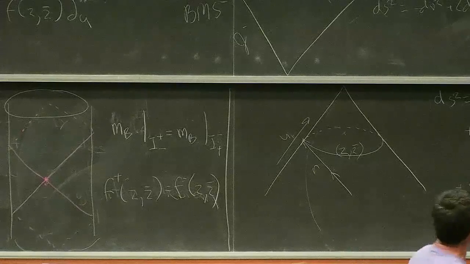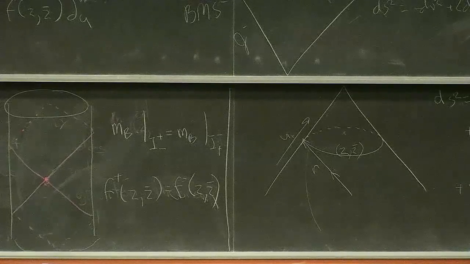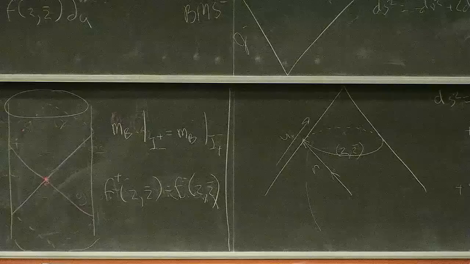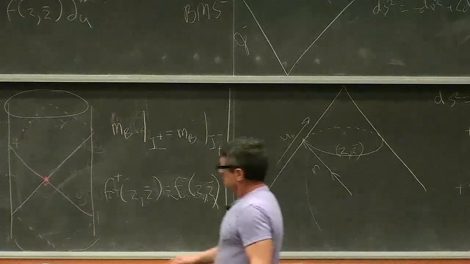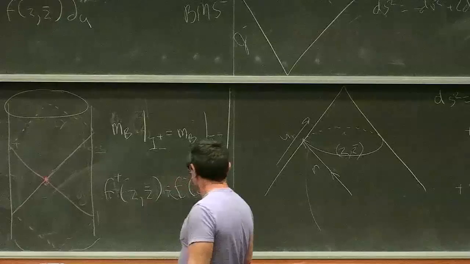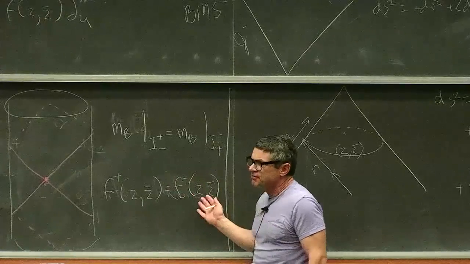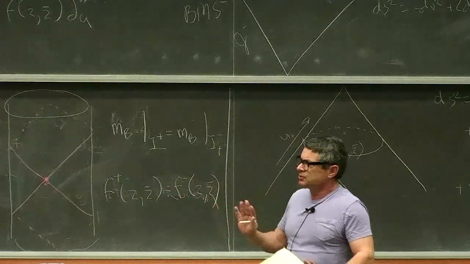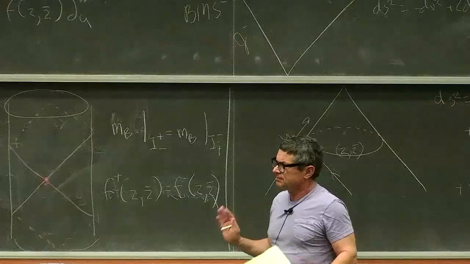Now, let me say something about energy conservation. F of z is just an arbitrary function on the sphere which parameterizes the symmetries.